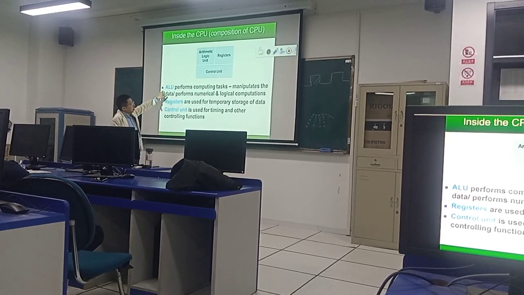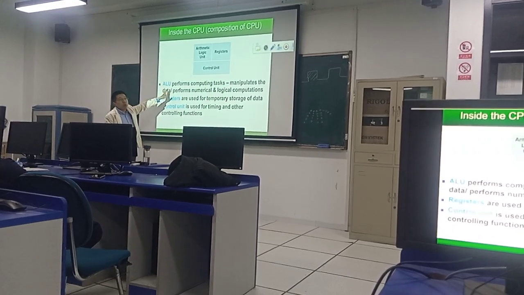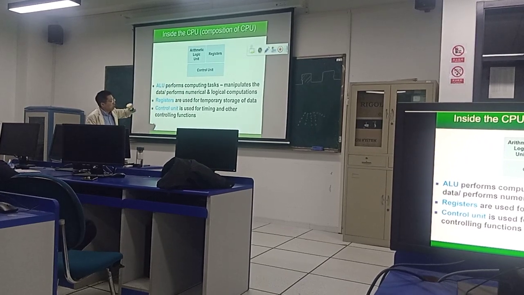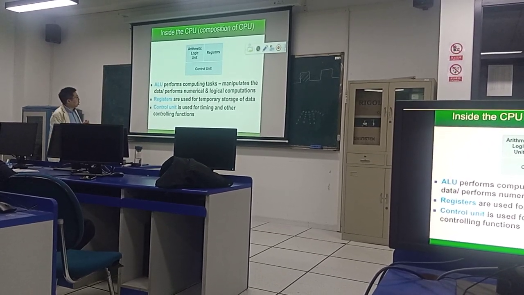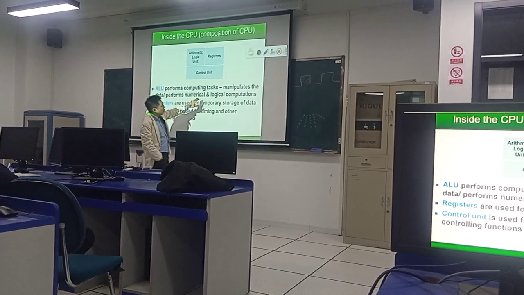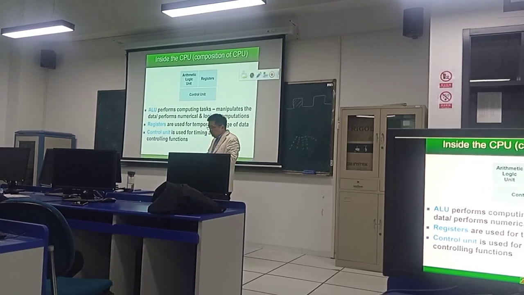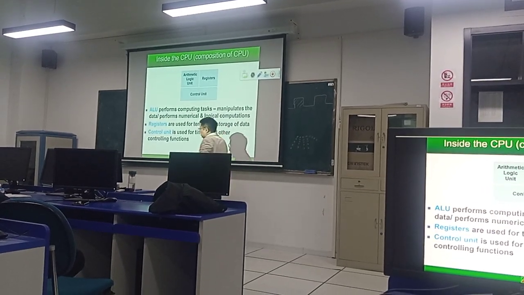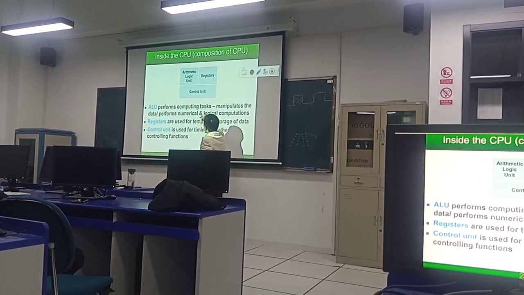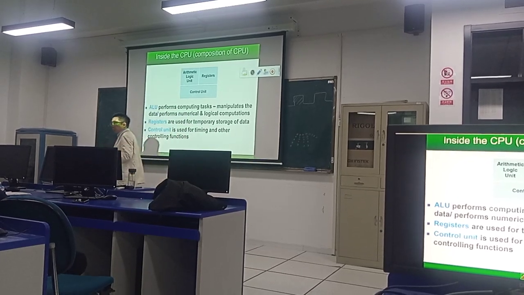And from this sentence, we will know the function of ALU. ALU performs computing tasks, manipulates the data, performs numerical and logical computation. So, in assembly instructions, there are many numerical and logical computations. For example, add, sum.